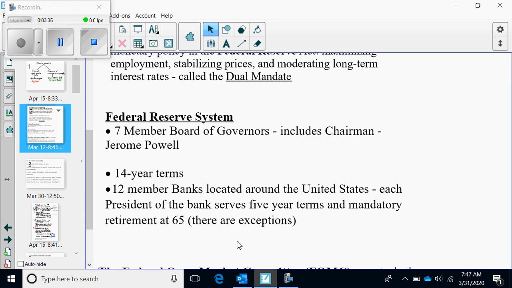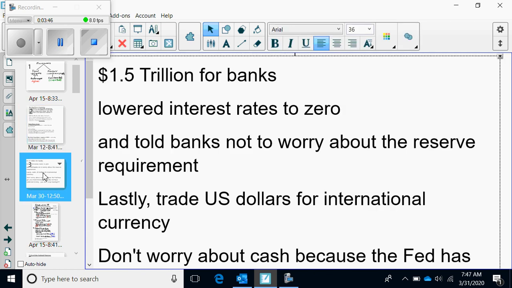This is what hit the news, which is so exciting, especially as an econ teacher. The Fed did a lot of stuff about 2 weeks ago. First thing they did is they used the word inject. They injected the banking system with $1.5 trillion.